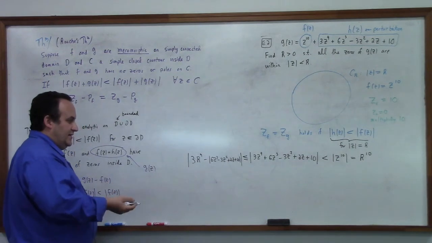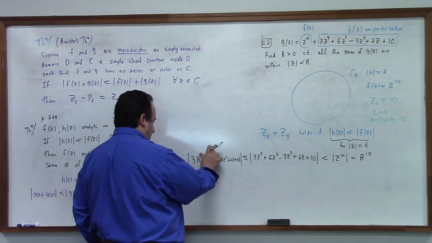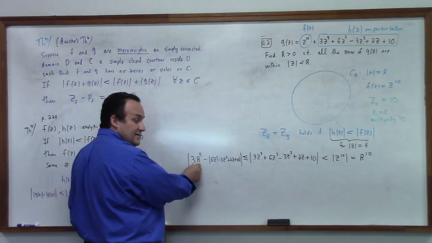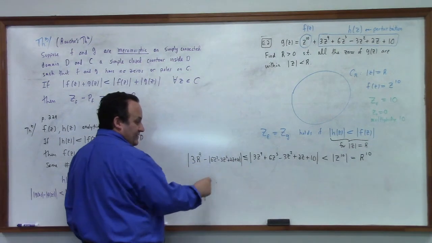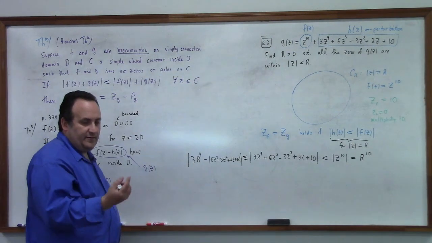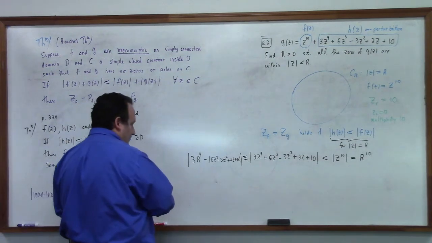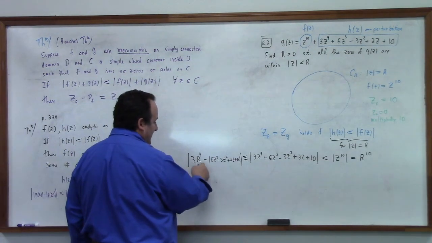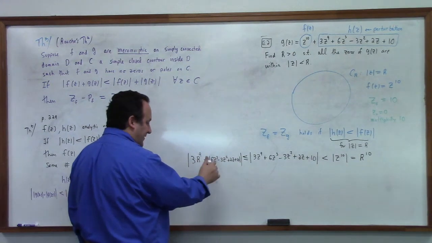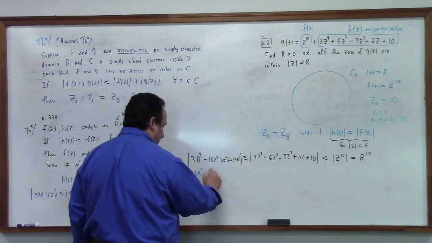So we're going to choose an r sufficiently big that this has to be bigger than that, so we can drop the absolute values. That gives us 3r to the 9th minus that.